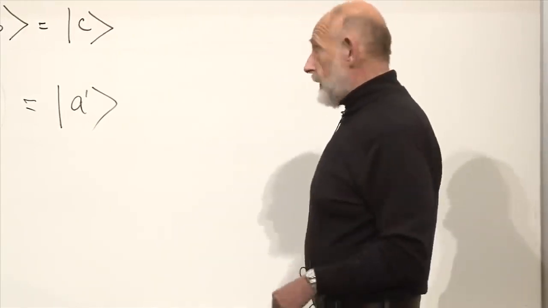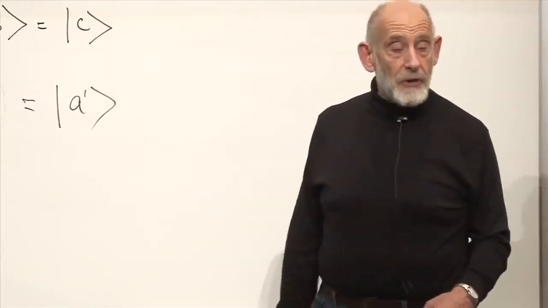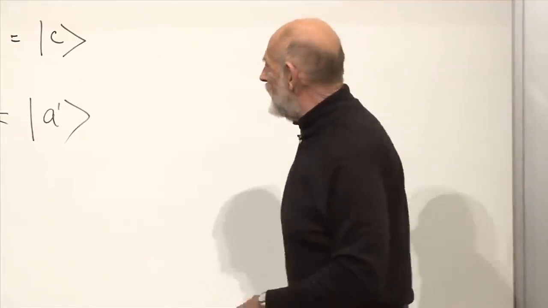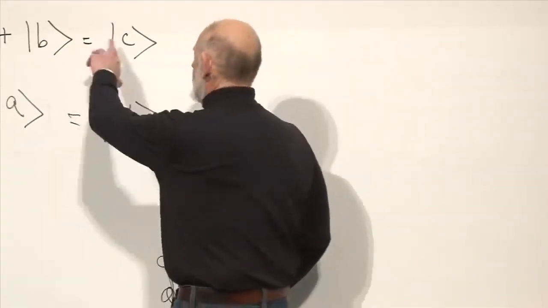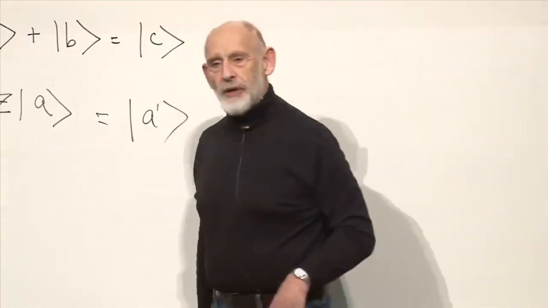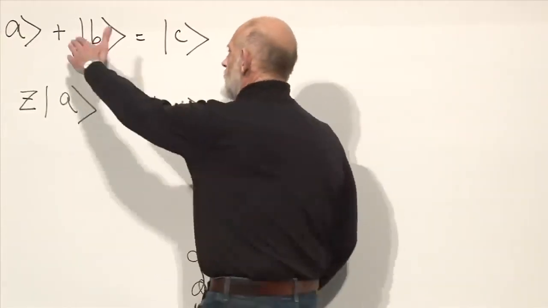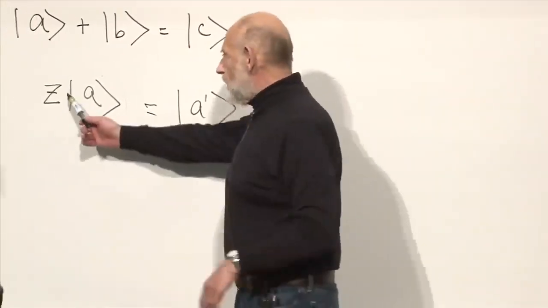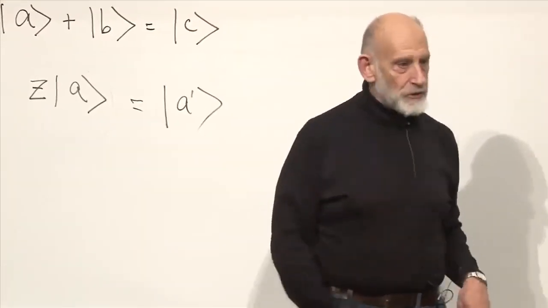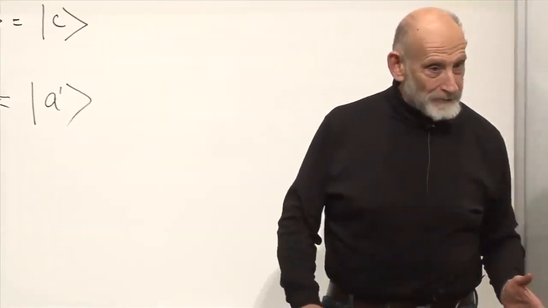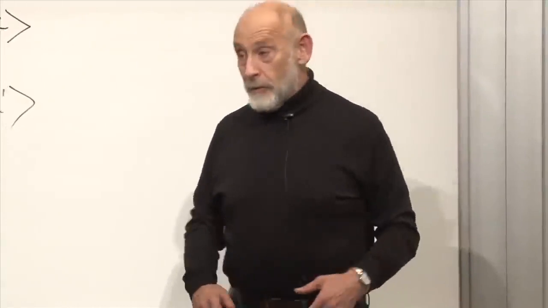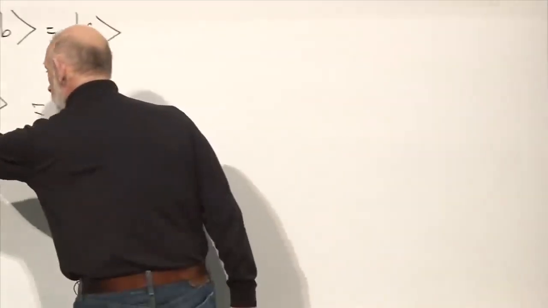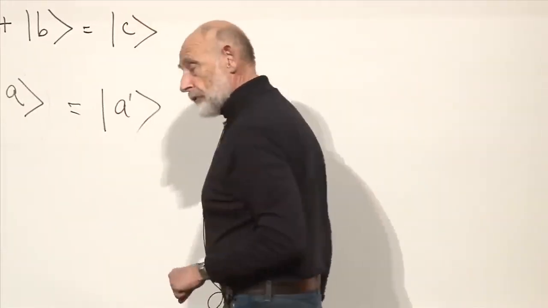I'll give you some examples of vector spaces. If A's and B's are just real numbers, then you can add them to make new real numbers. But you cannot multiply them by complex numbers and still expect to get real numbers. You can multiply them by real numbers and get other real numbers.